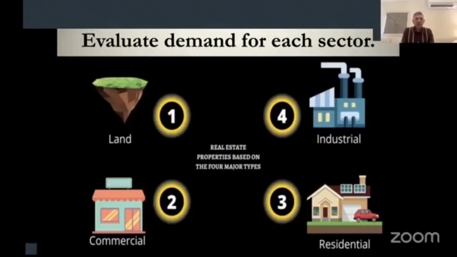All right. So we analyze the demand for each sector. Land could be residential lots. There are beach properties, which really hit the roof from 2020 to 2023, then started consolidating, then correcting. So we are now at a consolidation point, especially in the beach sector.